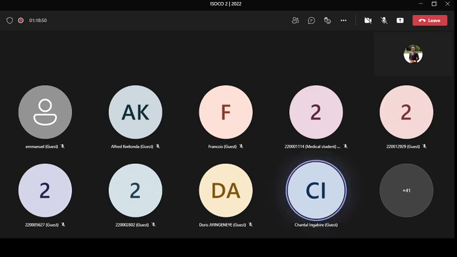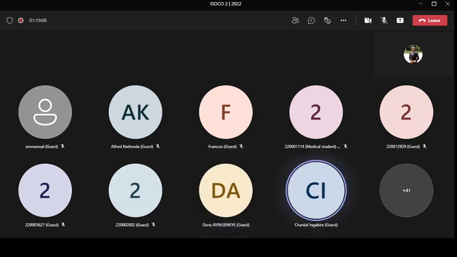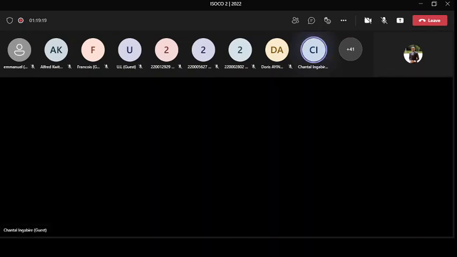Do you see the slides now? Not yet. I don't know if the others are seeing it, but I'm not seeing it. Do you see the slides now?